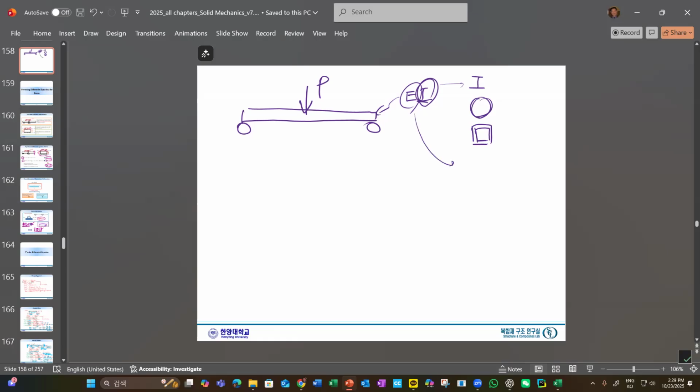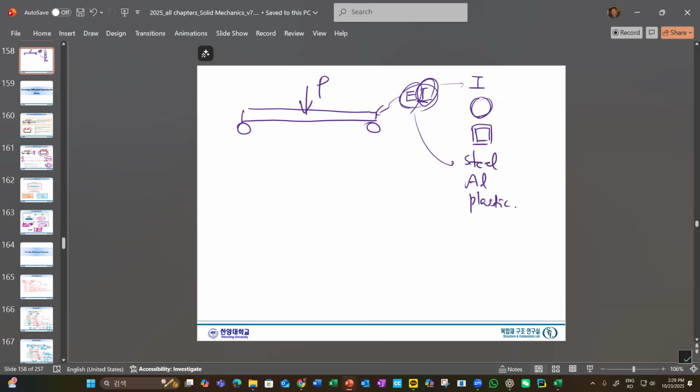The Young's modulus can be steel or aluminum or certain plastic. You can easily get the properties. So EI is a given.